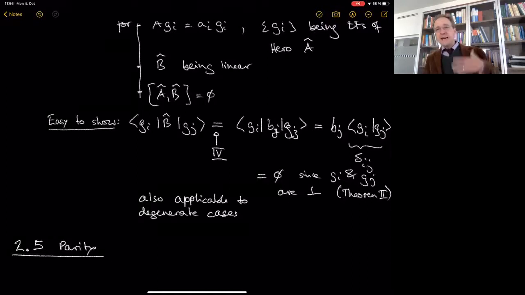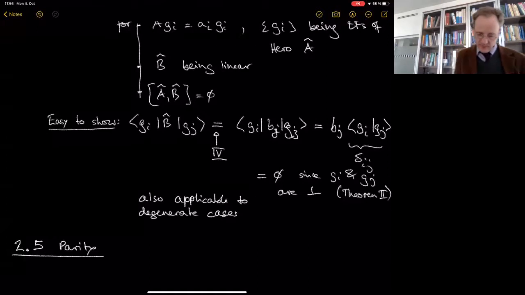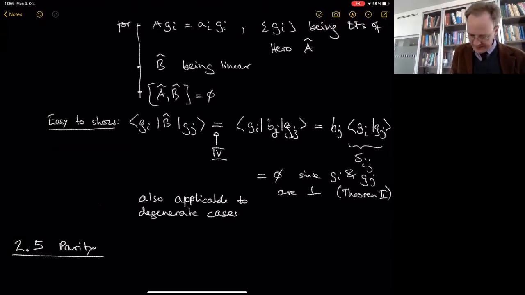Now, this will lead up to Theorem 6, but I should say a word or two on the basic forces of nature. There are four forces.